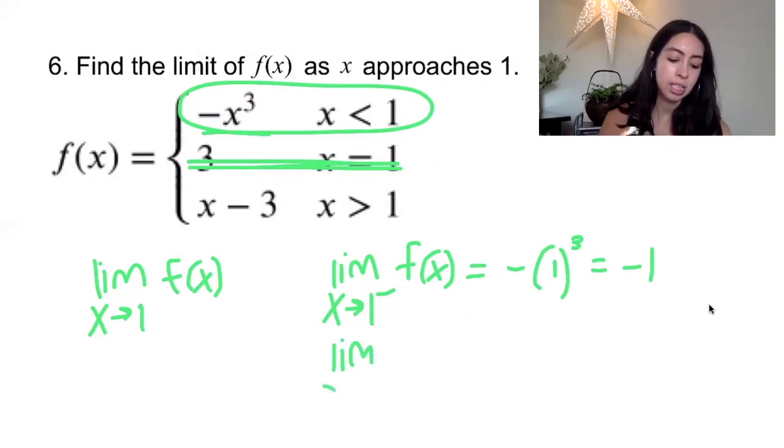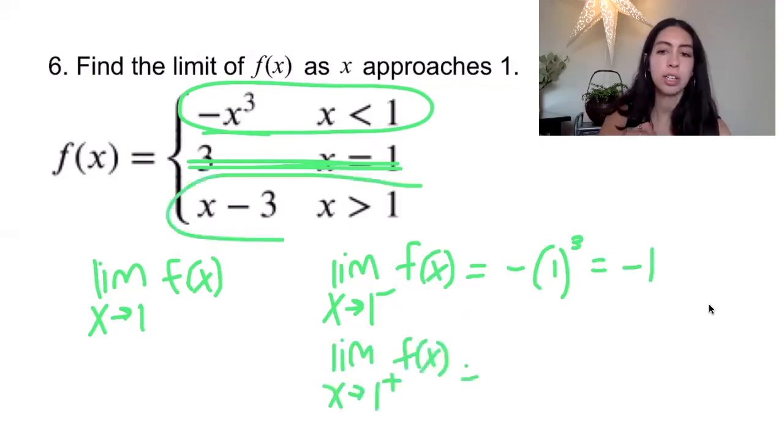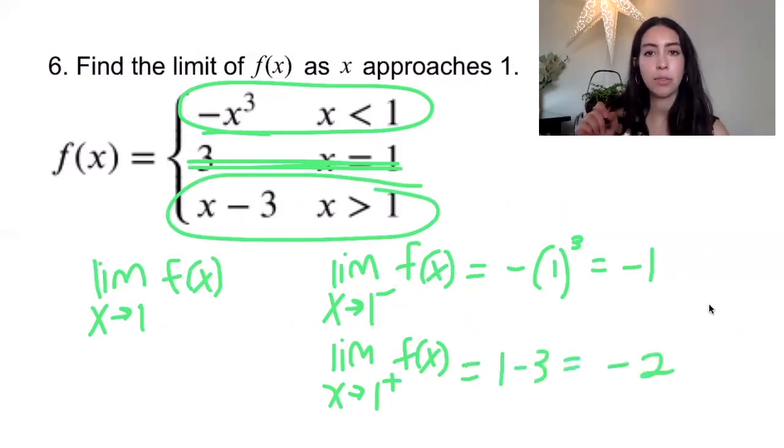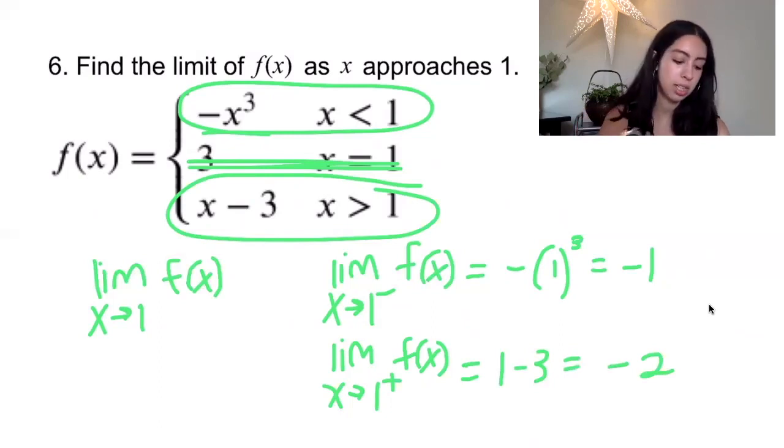And as x is approaching 1 from the right side, I'm going to check this condition down here and do my direct substitution. So I'm going to plug 1 in, and that gives me -2. Because those two limits are different, that means the limit does not exist.